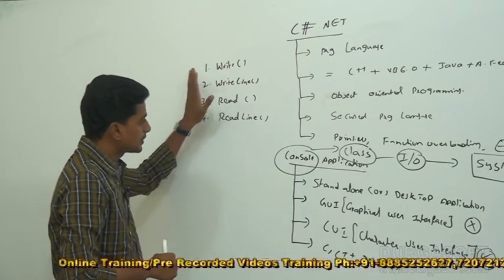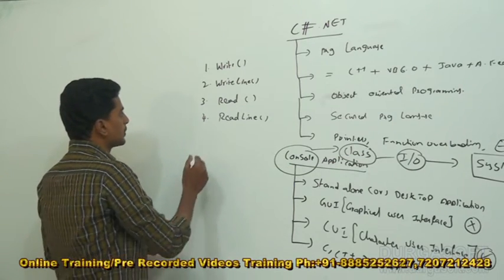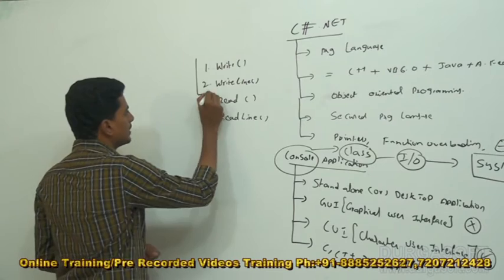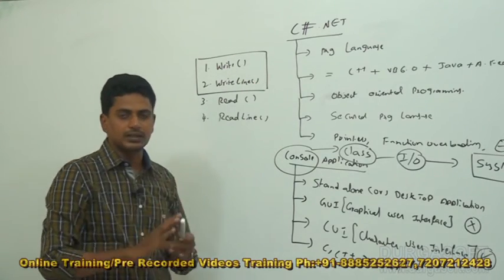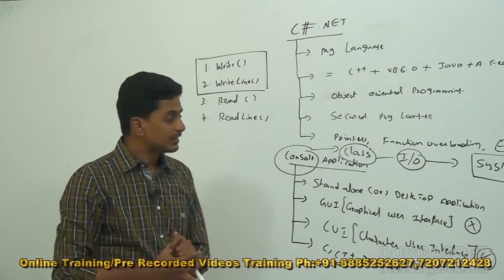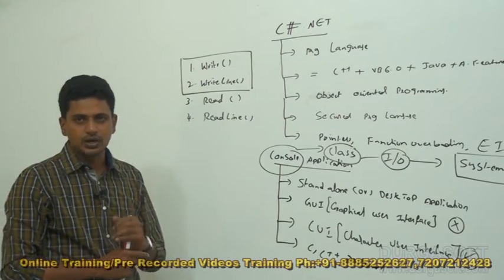These methods are associated with the Console class, and they are used for giving input or getting output. Firstly we will discuss Write and WriteLine. These methods are used to print some statement onto the screen.